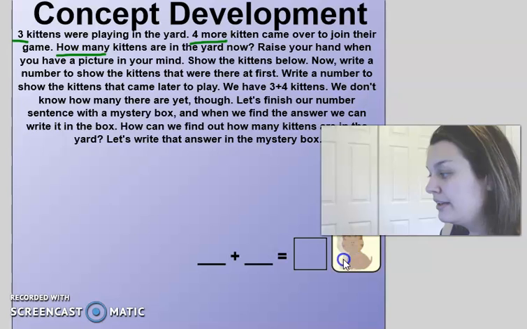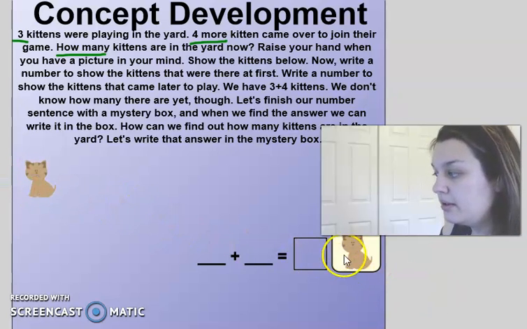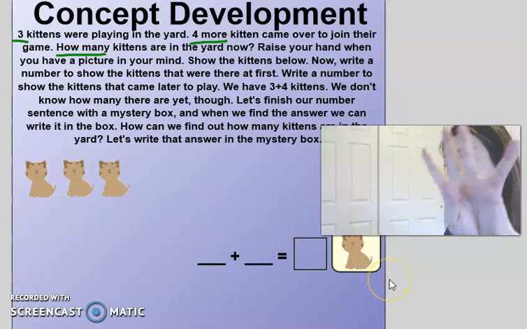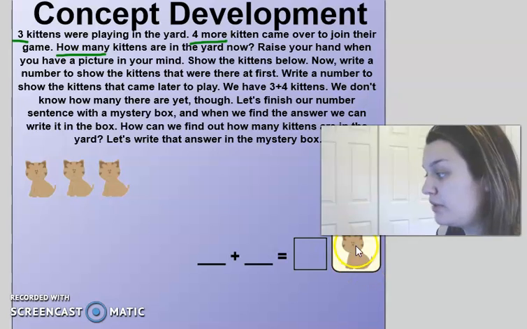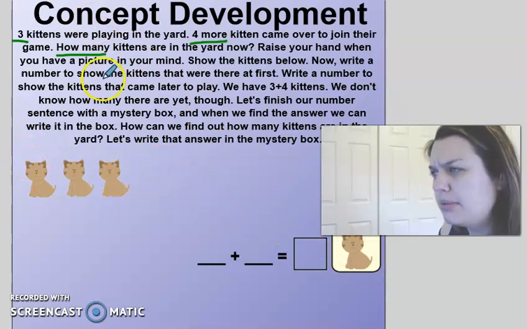Let's check our work. So we had 3. 1, 2, 3. And then 4 more came to join. So remember I have my top part, which is 3. We should probably write that number, right?